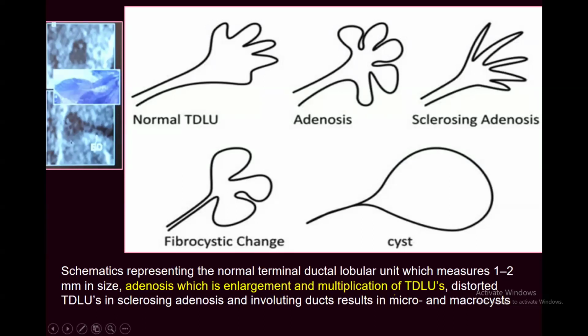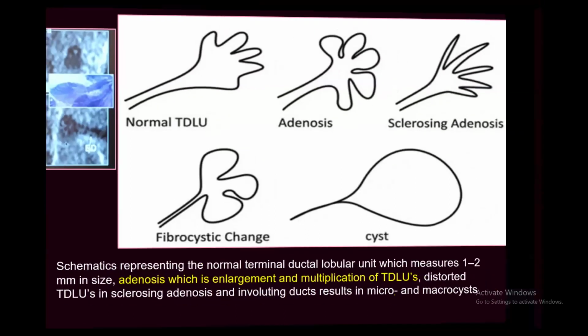Okay. In this illustration, you can see a lot of changes in fibrocystic conditions, and we are going to look at just this part of fibrocystic. Look at this normal TDLU, okay?